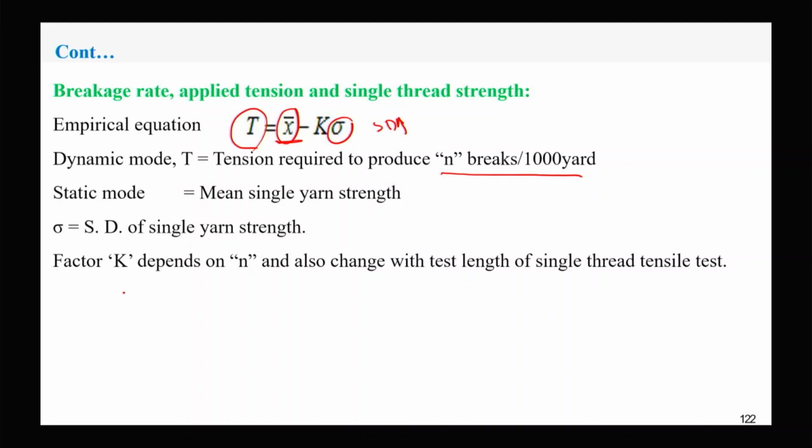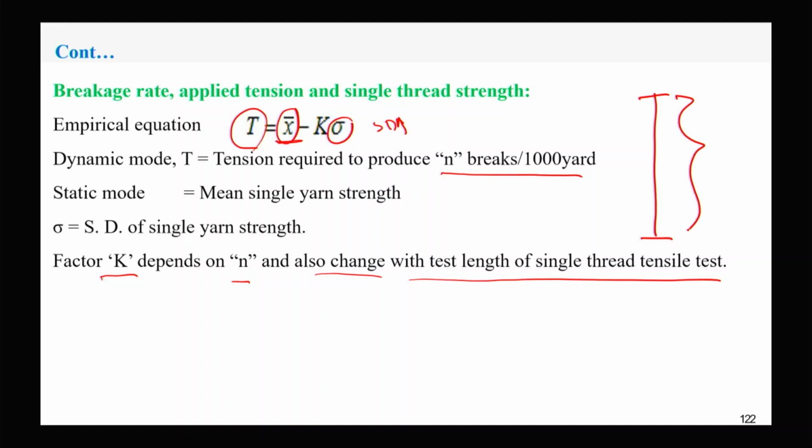So K is a constant, a factor, that depends on n, the number of breaks, and it also changes with the test length of the single yarn tensile test. So if the number of breakages n changes, the K value will change, and if the test length, the gauge length, changes, this K value will also change.